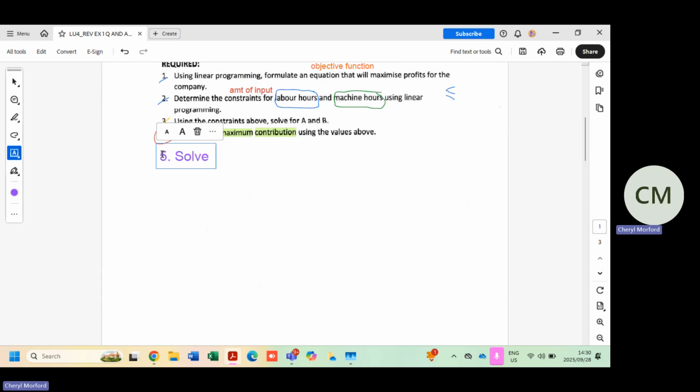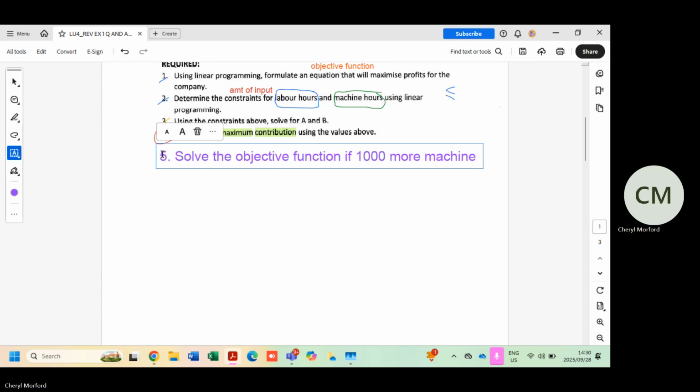I'm going to say solve the objective function if 1,000 more, not labor, so I'm just looking down at my notes, machine hours were made available per week.